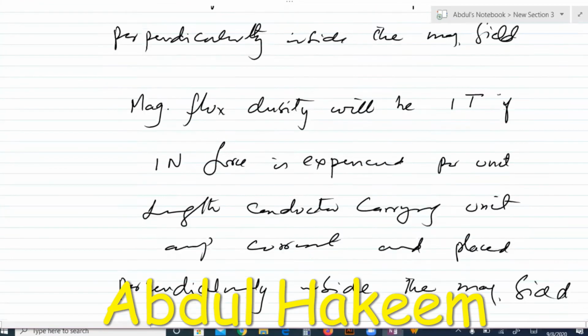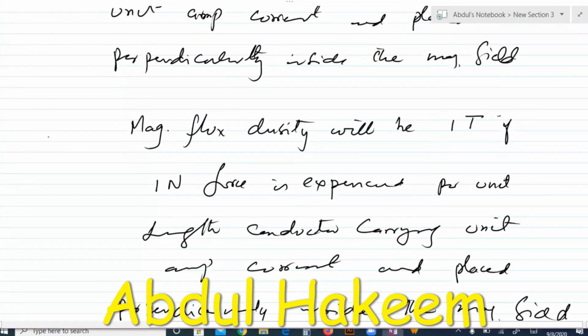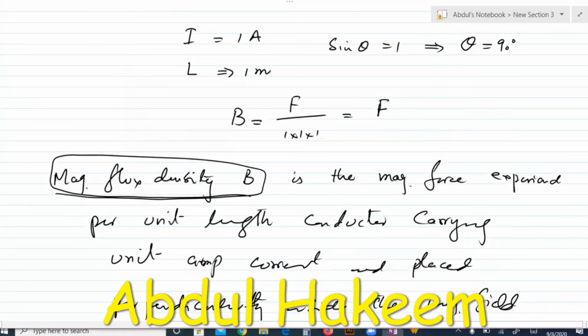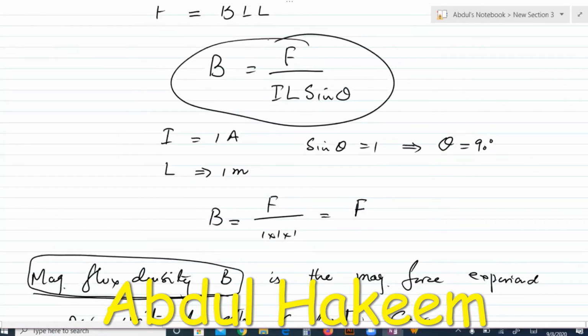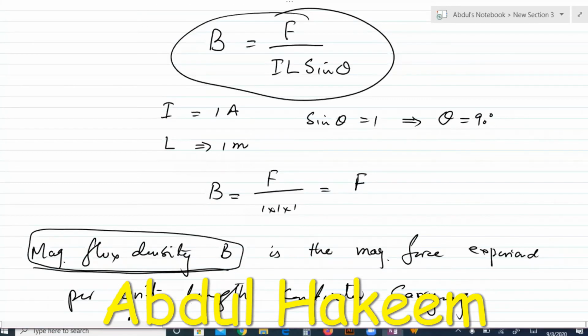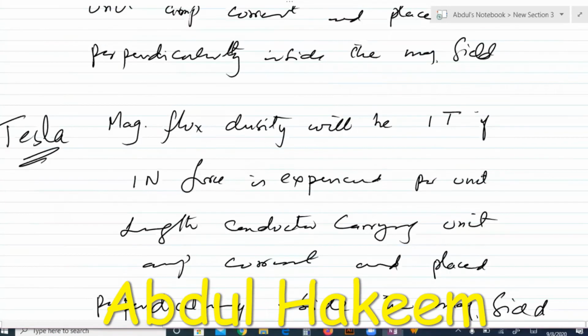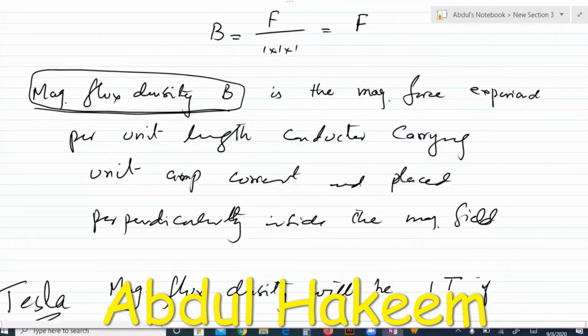Then this will be the definition for Tesla. So this is a very important equation. It is used for the definition of the magnetic flux density B and also for the Tesla, right?